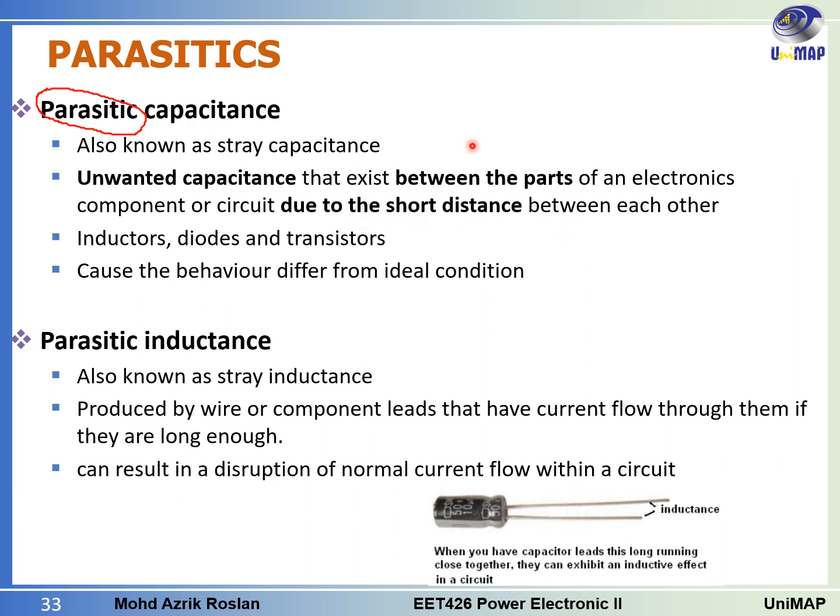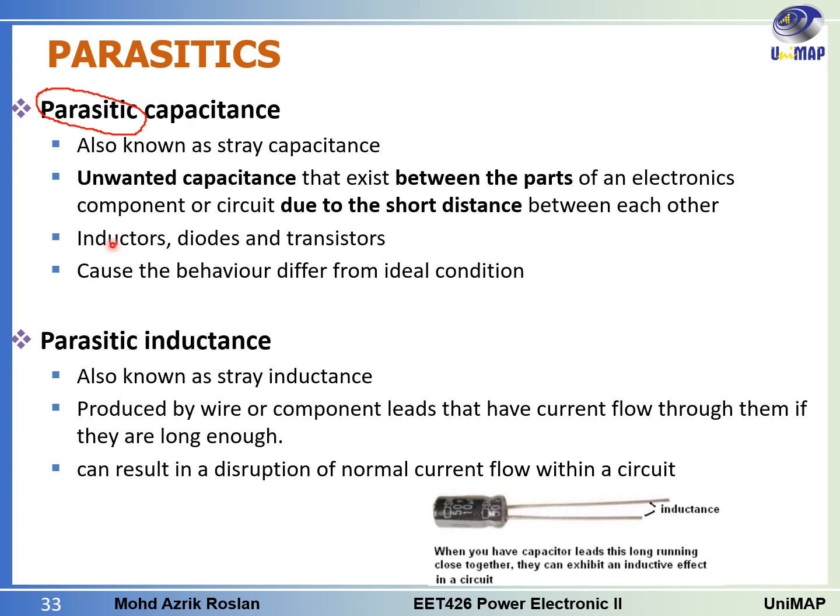So imagine that you have a circuit board, and on the circuit board you place several components. Let's say a capacitor beside a resistor. If you put the capacitor and resistor close enough, there will be some, we call it imaginary, parasitic capacitance between both of the components.